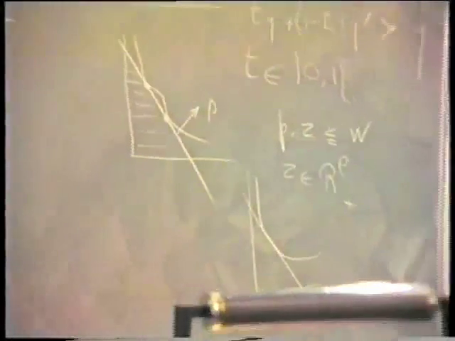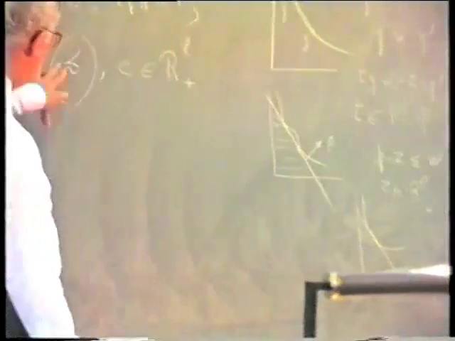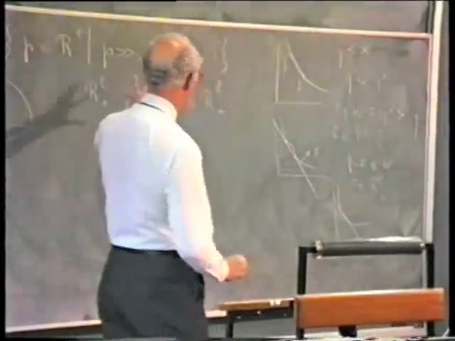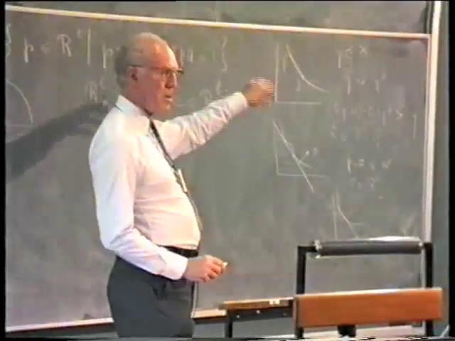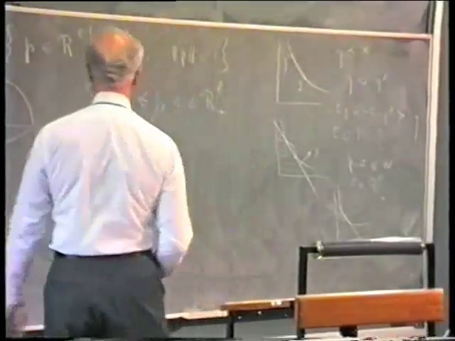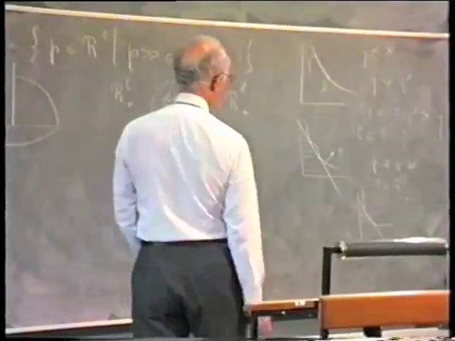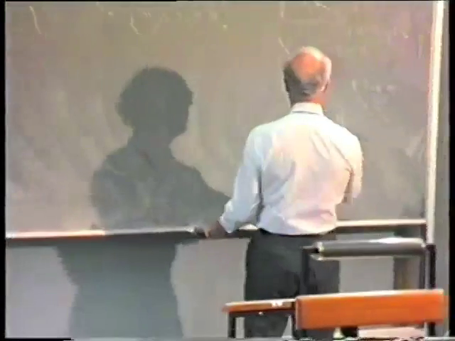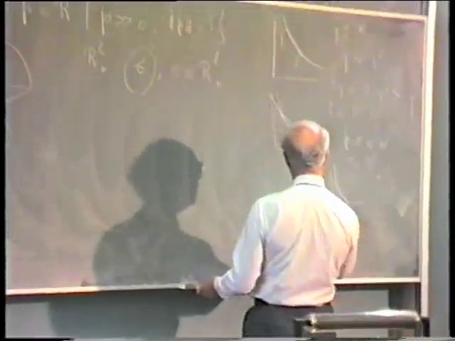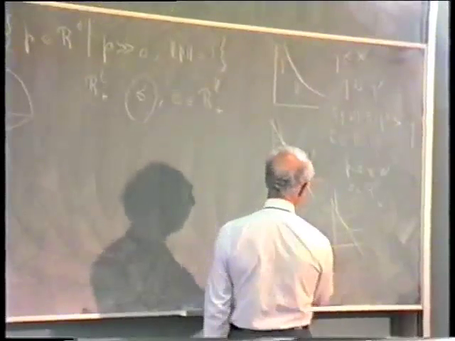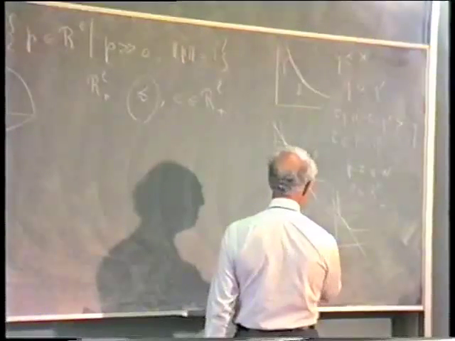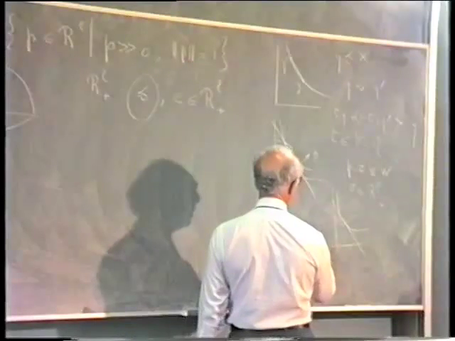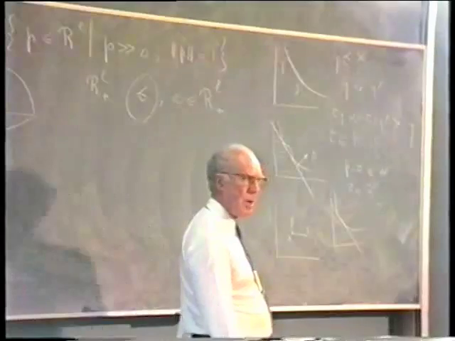So to summarize the properties of this preference relation, it is reflexive, transitive, complete. It has a closed graph. It is strictly convex. And we will even assume that it is monotone in a sense I have already presented in the last lecture. That is to say, if you have a given consumption vector, and if you increase, let us say, all the coordinates, then the point y is certainly preferred to the point x.